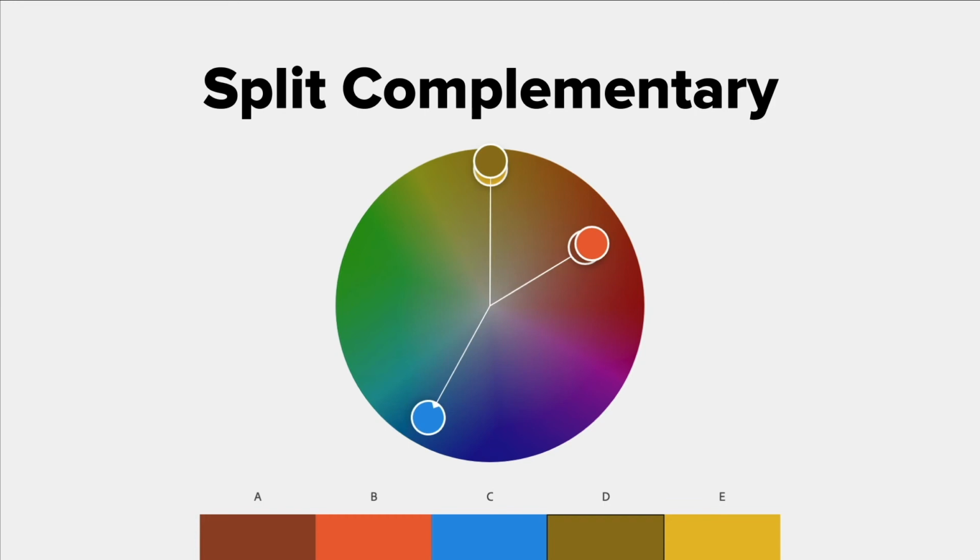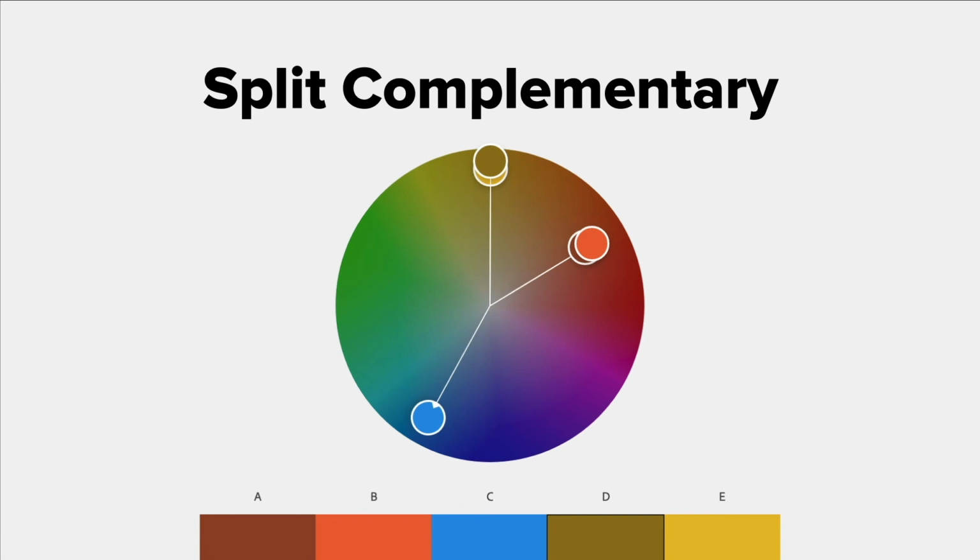So let's move on to the very next one, which is split complementary. This is a color scheme which essentially represents a variation of the complementary color scheme. So you can already see the similarities, but there are essentially two colors at the other edge. Unlike the complementary scheme, which uses a color and its complement, the split complementary scheme uses a color and the two adjacent colors to its complement.